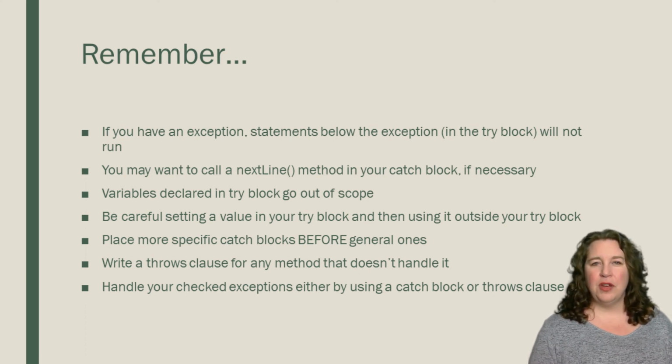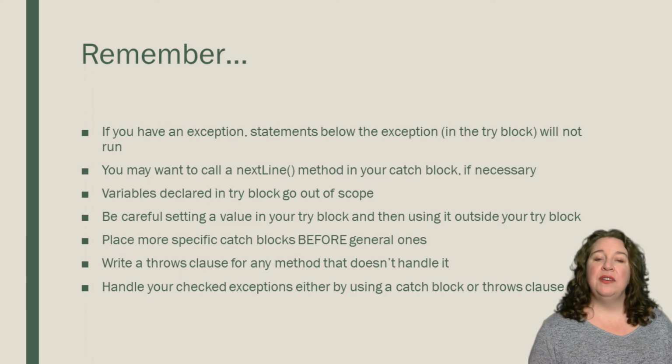If you have a bunch of statements in there that you know are not going to cause you any trouble, don't put a try catch block around them. It's just a waste. You can also separate out methods and do a try catch block in each individual method, and that way you can handle your exceptions there rather than handling them in your main. Then you can do a try catch with your main because you know which exceptions will pop out. So be careful setting your try block, setting values.